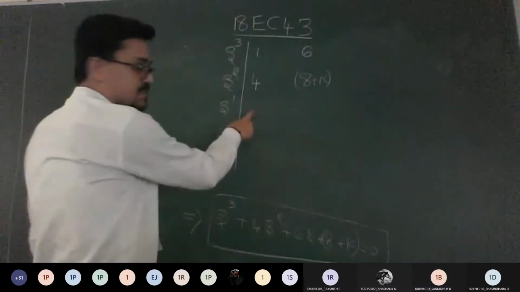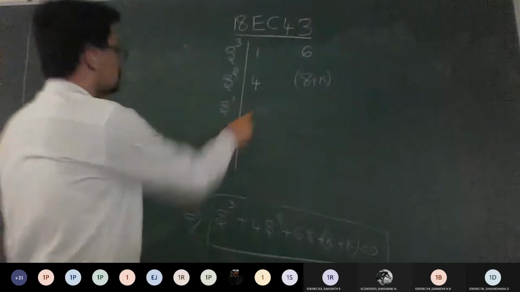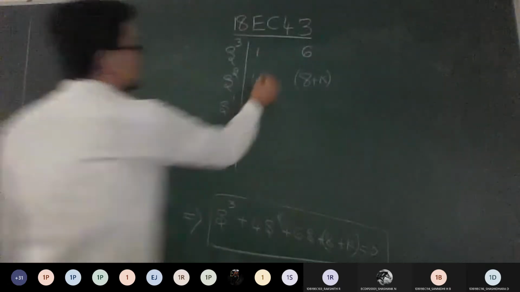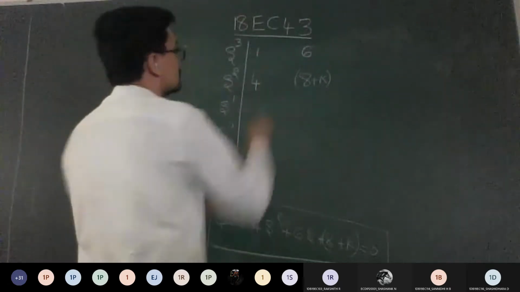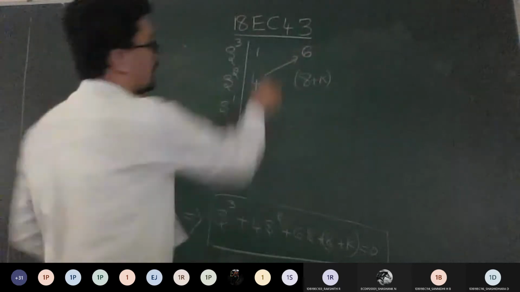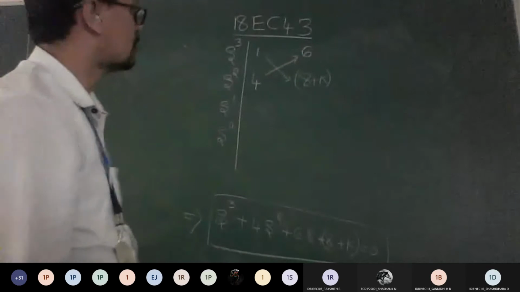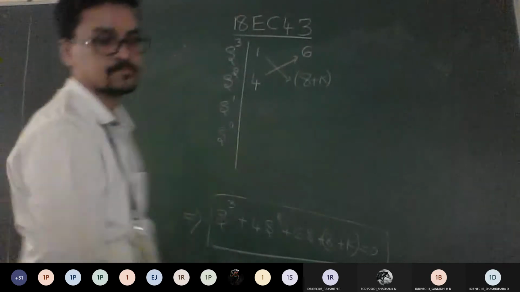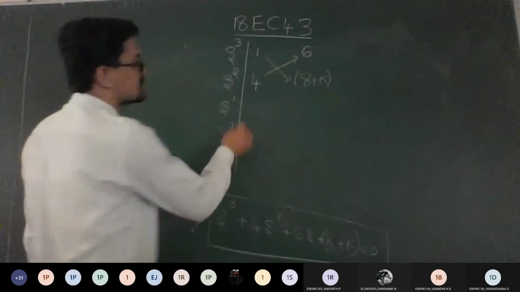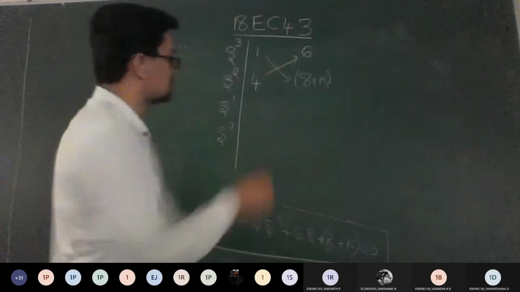Good. So now tell me what is the answer for this? How to solve this I told you. It's 4 into 6 minus 1 into 8 plus k, divided by 4. What's the answer? We will keep the things as it is, because k is there, we can't get any number.